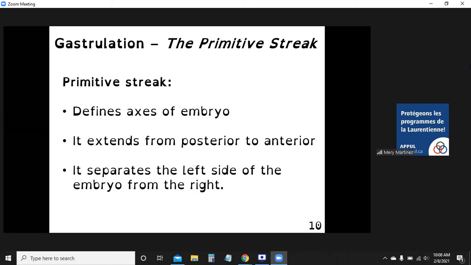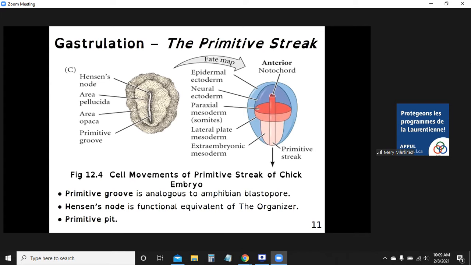Okay, so we want to see that a little bit. That line separates the left side from the right side of the embryo because it's going into the midsagittal section of that embryo. So the elements close to the streak, after cells have passed through the streak, will be medial structures, and farther from the streak, the cells want to go to the sides to construct the lateral structures. So let's see how this progresses.